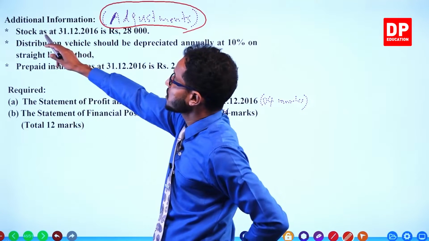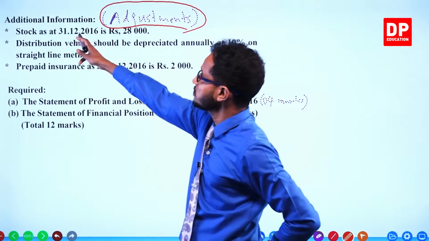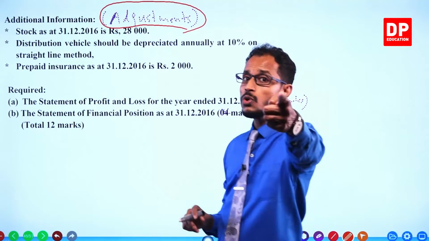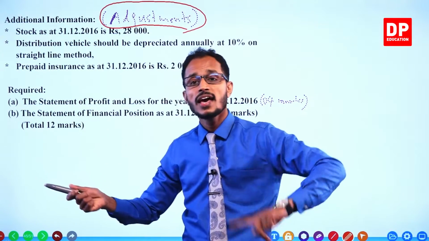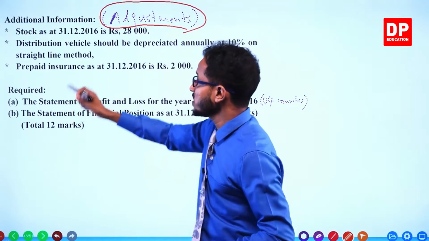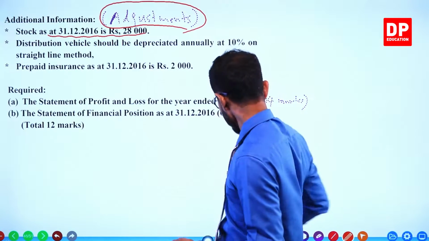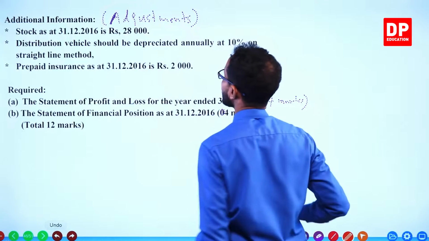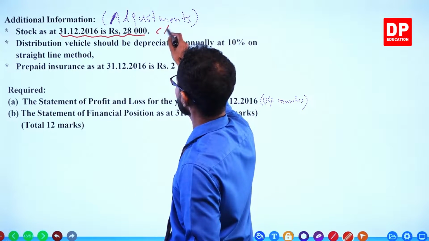First, additional information. Stock as at 31st December 2016, 28,000. You know that every adjustment must be recorded in the income statement and in the SOFP, both. So this stock is the closing stock.